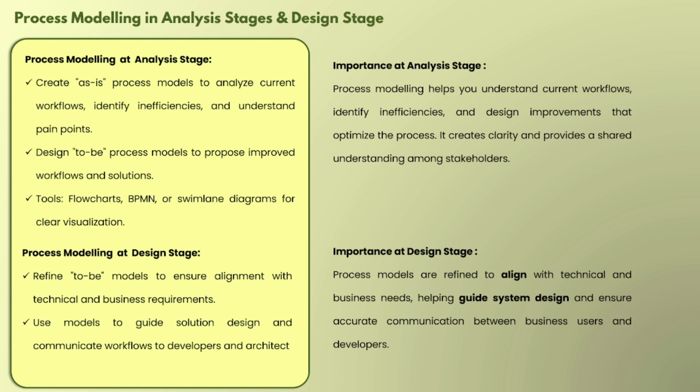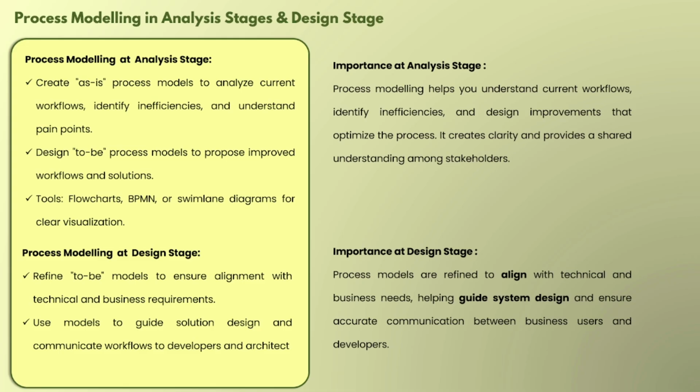Whereas in the design stage, process models are refined to align with technical and business needs, helping guide system design and ensure accurate communication between business users and developers. Well, here we take the earlier process model which is already built and fine-tune it to match both the business goals and what is technically possible.